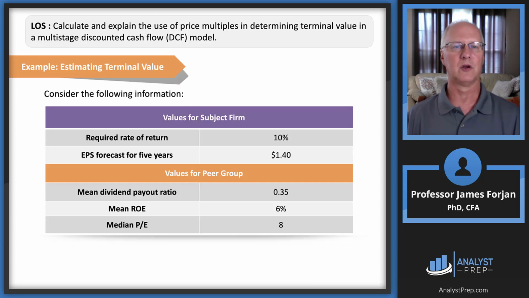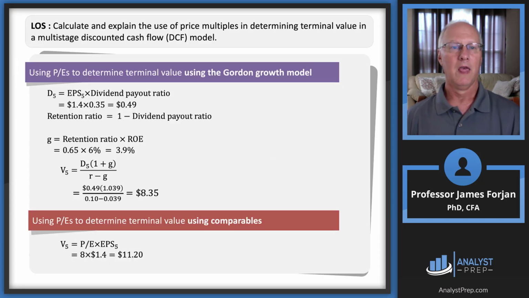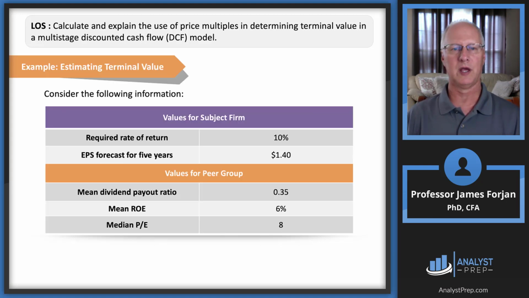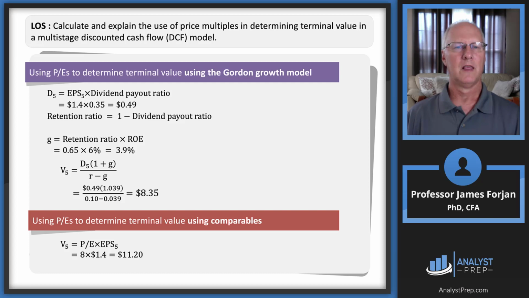Let's do just another quick example here. What do we have? Required rate of return 10%, EPS forecast 1.40, and there are some values for the peer group. All right, so what are we going to do? Let's use the Gordon growth model. So D5, right? Let me go back here. What did we say? Estimated forecast for 5 years, 1.4. So that payout ratio is going to be 49 cents, right?